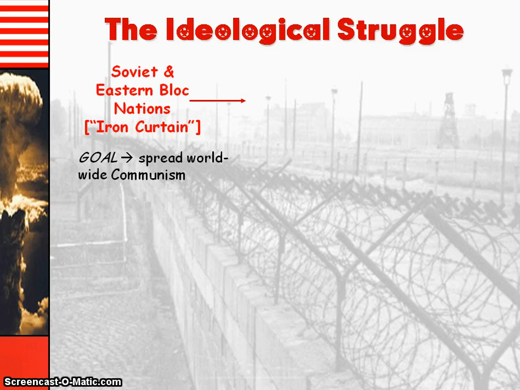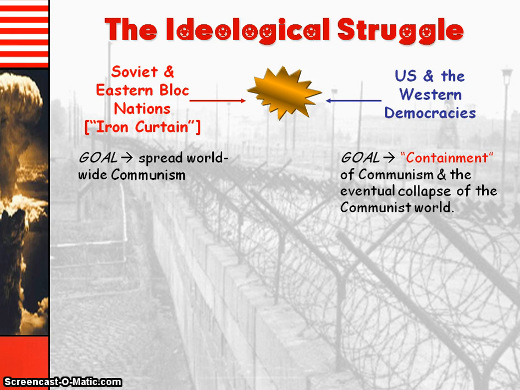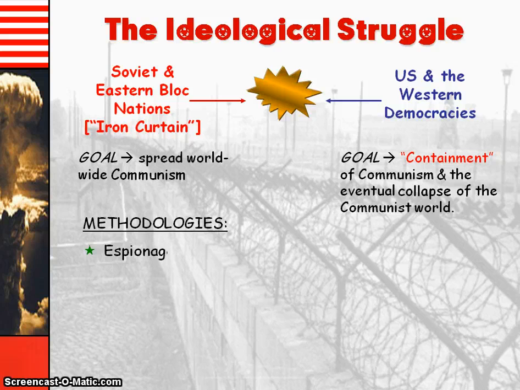This is just a little summary of the ideological struggle between the nations. The Soviet Union and the Eastern Bloc want to spread communism, and the US and other Western democracies want to contain communism, meaning stop the spread of it.